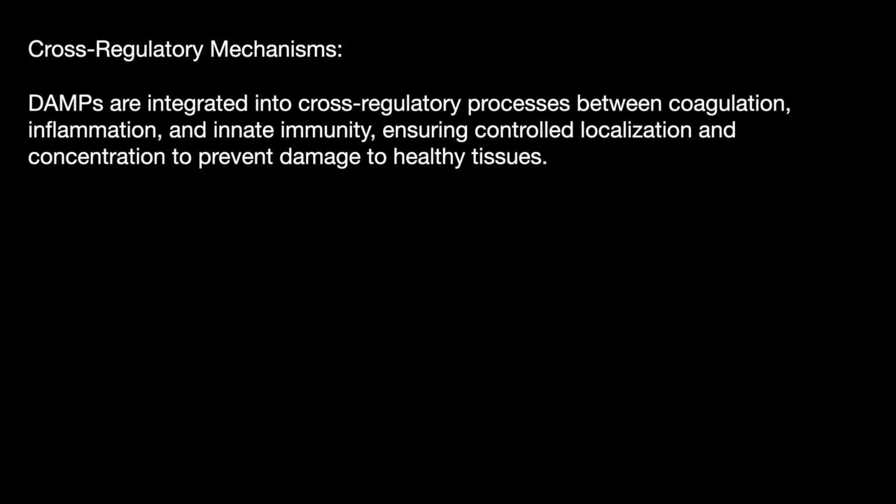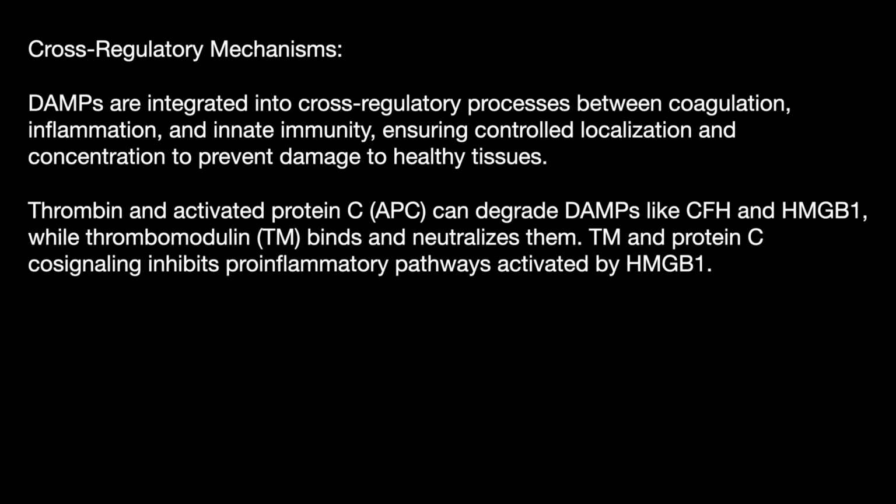DAMPs are integrated into the cross-regulatory process between coagulation, inflammation, and innate immunity, ensuring controlled localization and concentration to prevent damage to healthy tissues. Thrombin and activated protein C can degrade the DAMPs like cfH and HMGB1, while thrombomodulin binds and neutralizes them.